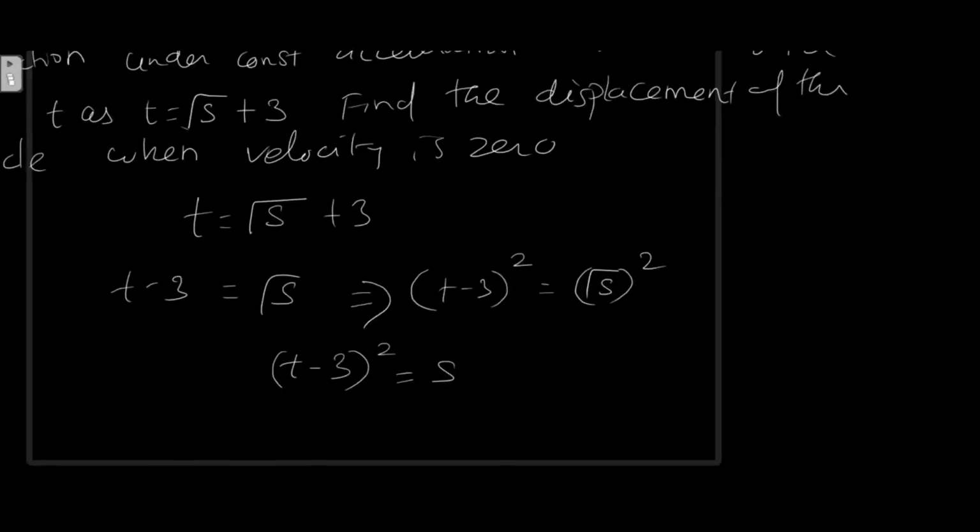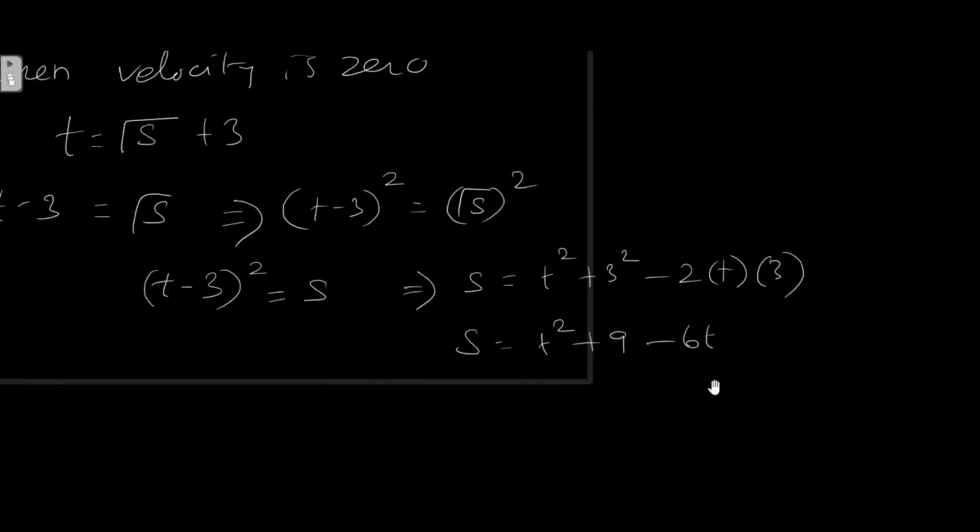This can be expanded as s equal to t square plus 3 square minus 2 times t times 3. So s is equal to t square plus 9 minus 6t. Now we got a normal equation, so it is differentiable.